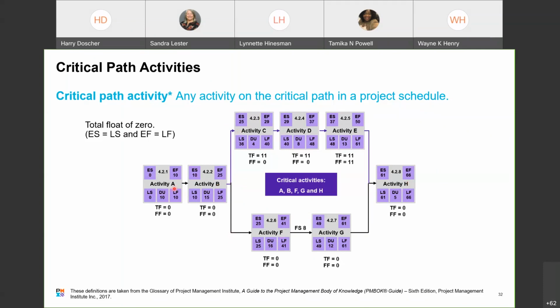So that, well, this is the critical path is A, B, F, G, H. Okay. That these activities are also performed when you're off the critical path. So like A, B, C, D, E, H is a legitimate path through there. That's not critical because there's a total float of 11 possible time units.